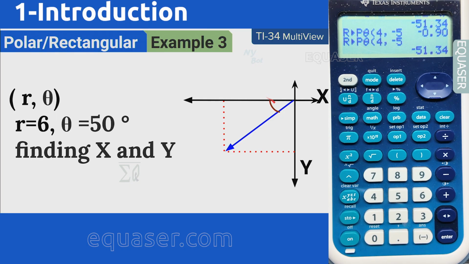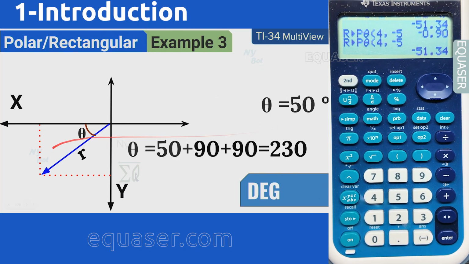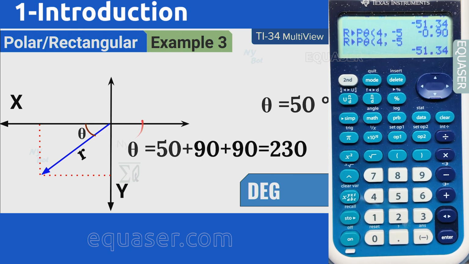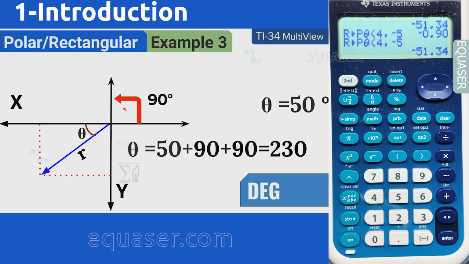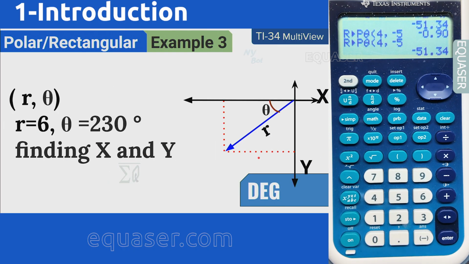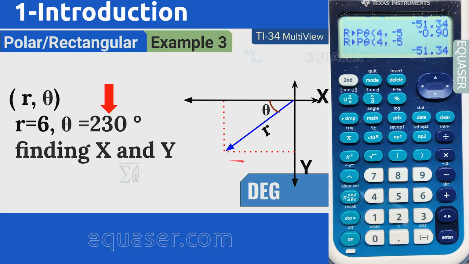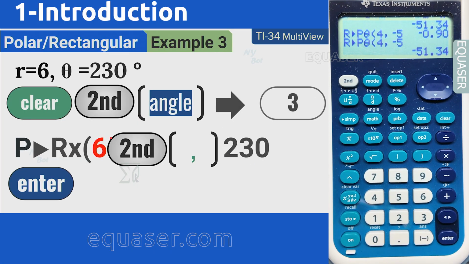Now example number 3, we have r and theta: 6 and 50. Because that 50 degrees is measured from the second quadrant, we have to understand that from the first quadrant we have 90 degrees and then 90 and then 50. So we have to add them together to get the x and y.